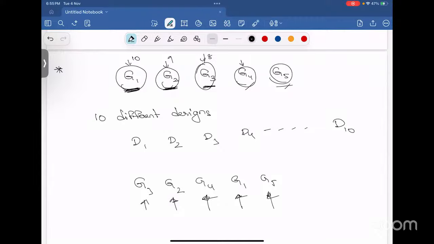All I was asked to do was, I have 5 gift boxes and I have 10 different designs. I have to choose one design for one box. That's it. So you can simultaneously choose all 5 boxes with 5 different designs.